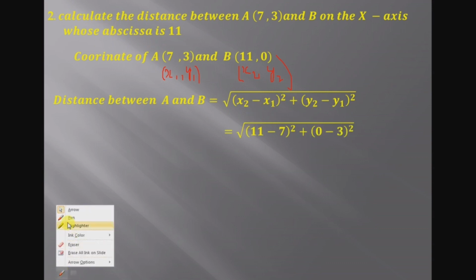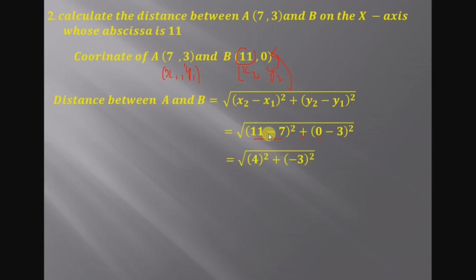So x2 is 11 minus x1 which is 7, so 11 minus 7, plus y2 which is 0, minus y1 which is 3. Now let's simplify it.